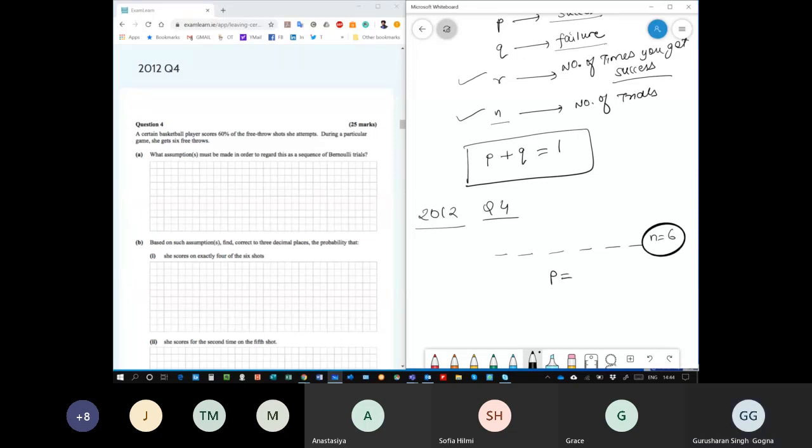Anybody? First of all, it is Bernoulli trials because you are doing the same experiment again and again. You got 6 throws or shots. And what is the probability of success here?